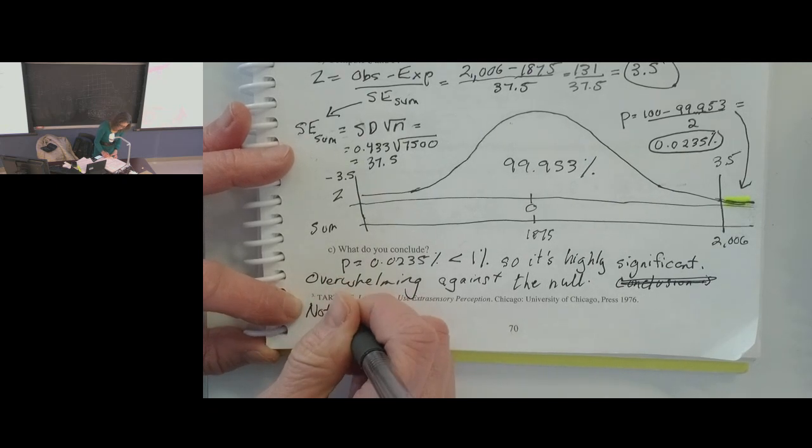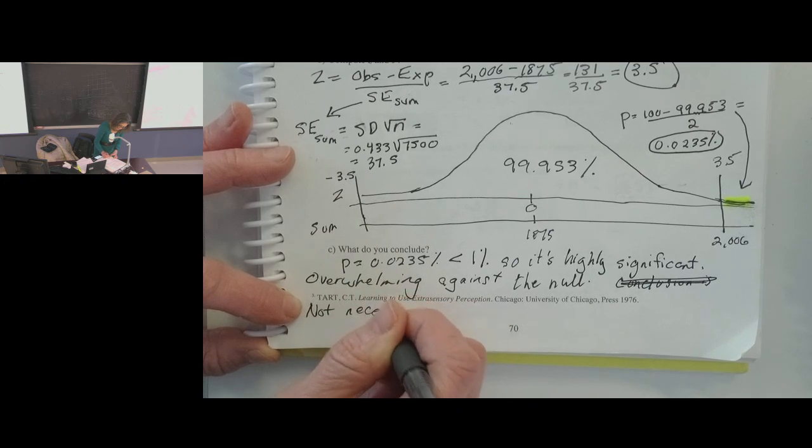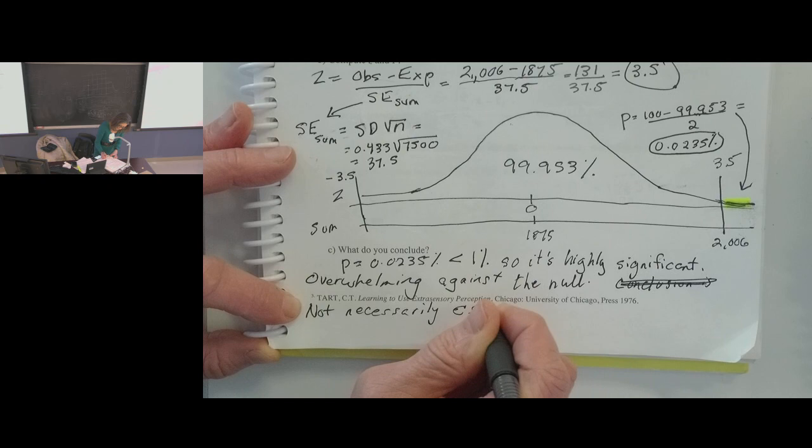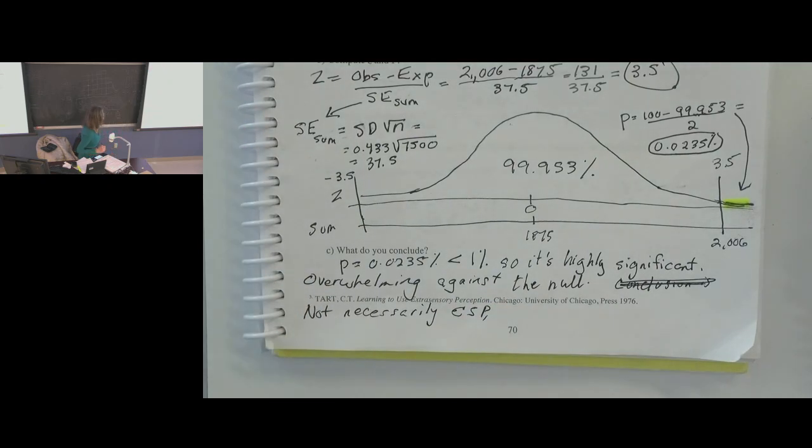Not necessarily ESP. There's lots of other reasons. So we didn't prove it's ESP at all. Especially when you replicate it with these same people, they couldn't. So it was something else.